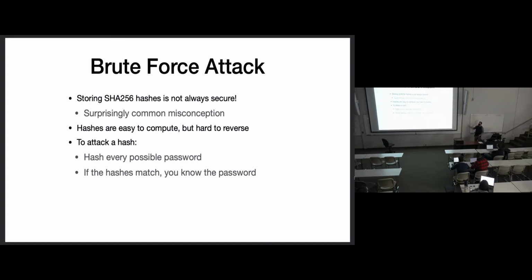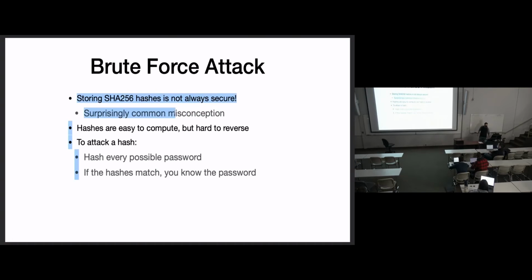You're just going to get a list of the most commonly used passwords, and hash all of them until the hash matches. If you have a weak password, even somebody with the hash of that password is going to be able to figure out what it is. Not by breaking SHA-256, but just by brute force attacking your hash.